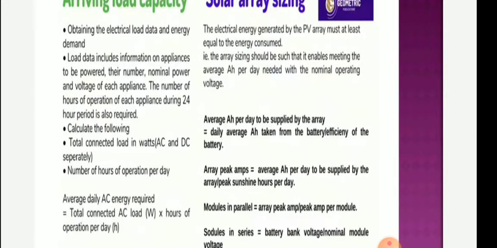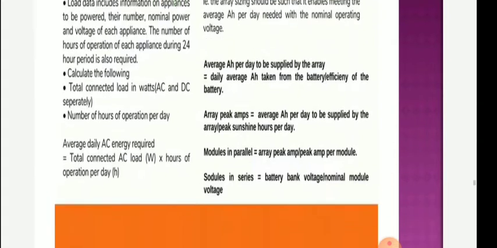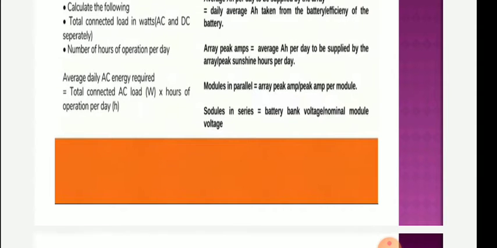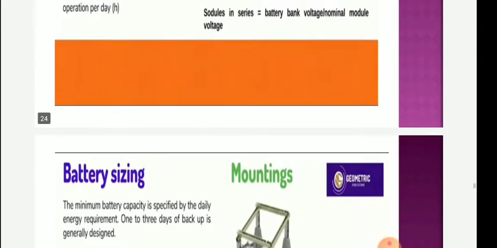The average ampere hour per day to be supplied by the array, the daily average ampere hour taken from the battery, the efficiency of the battery, the array peak amps, the peak sunshine power, modules in parallel, and array peak ampere per module.